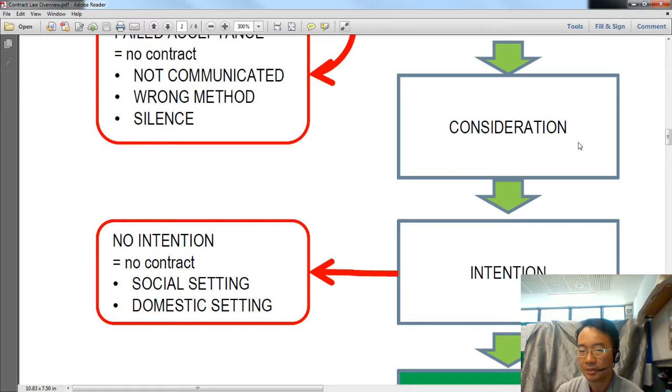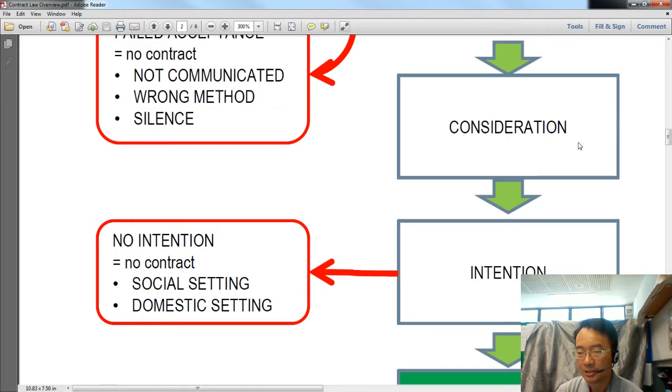The fourth element is intention, and you need to have all of these four in order to have a valid contract. Now, if there's no intention, then there will be no contract formed. How do we know there's no intention? Typically, it is in a social setting, that means among friends, then there will be no intention to form a contract. Or it could be a domestic setting among family members, then there will also be a presumption that there's no intention to form a contract.